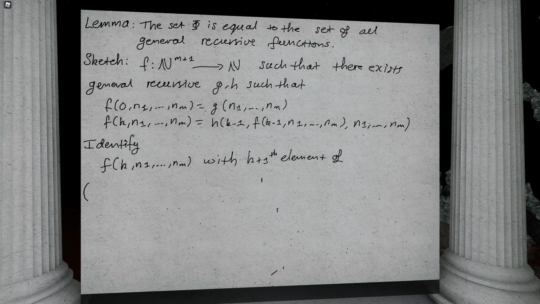And all you do is evaluate the values of f of 0, n1 up to nm, and then f of 1, n1 up to nm. So I can calculate this value, and I can calculate this value.